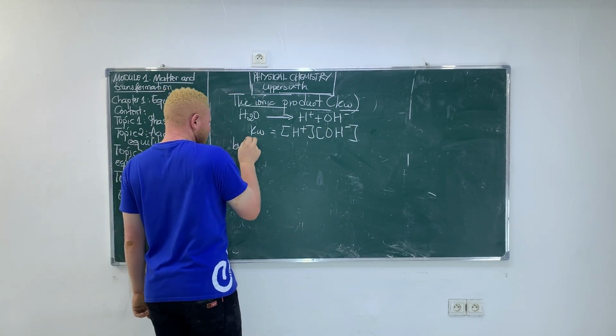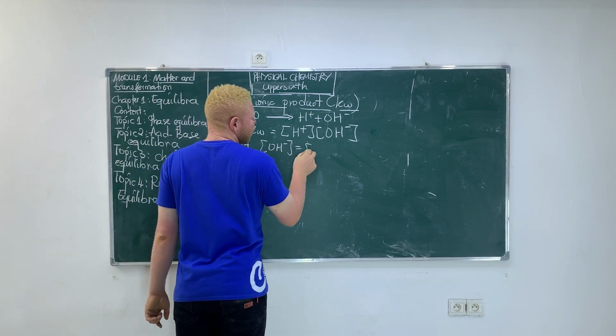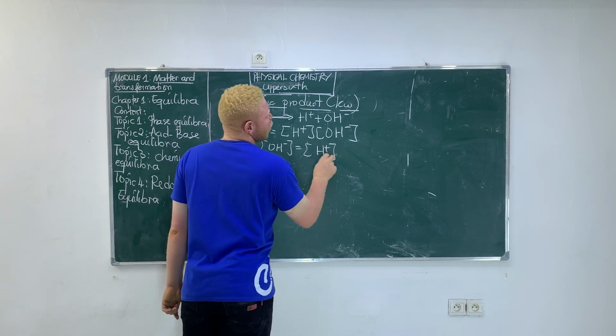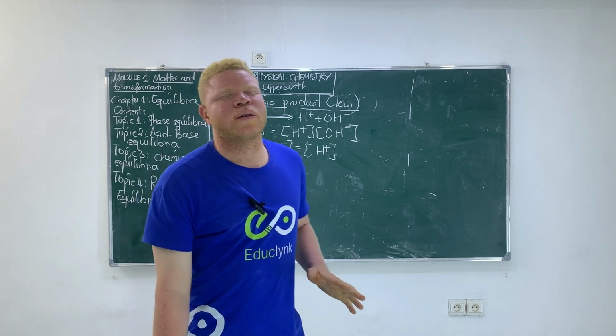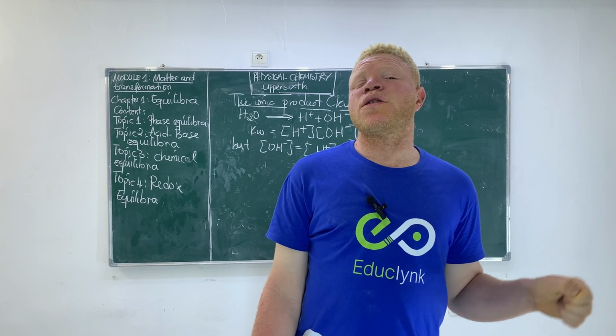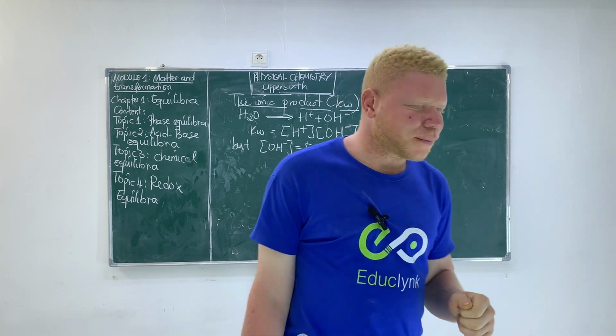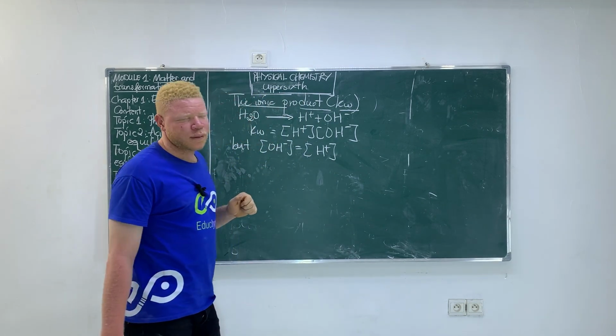But the concentration of OH minus equals the concentration of H plus, because water is neutral. For a neutral solution, the concentration of the H plus ion equals the concentration of the OH minus ion.